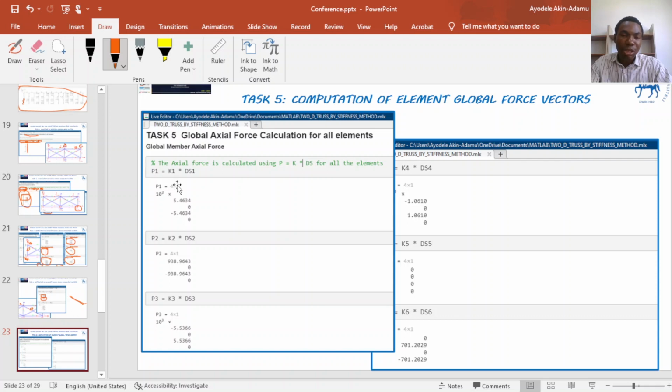The reason why I computed the displacement vector for each element is because it is needed to compute the reaction force for each of the elements, which is what I actually needed. If you remember, I introduced some formulas in the beginning of my video where I said the force of each element is given by the local stiffness matrix multiplied by the displacement vector.